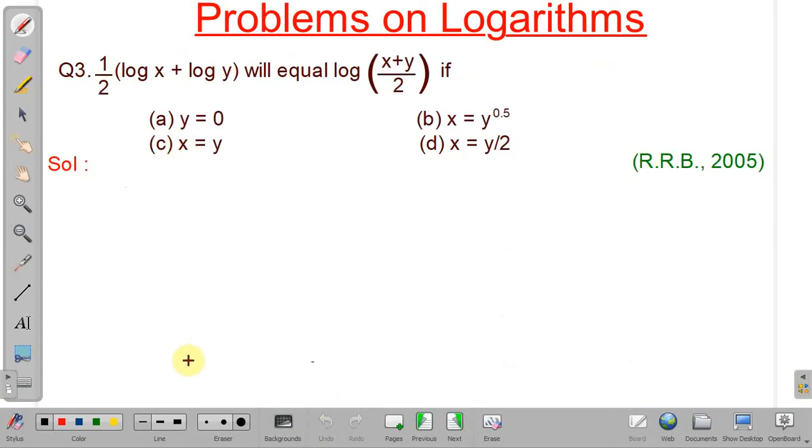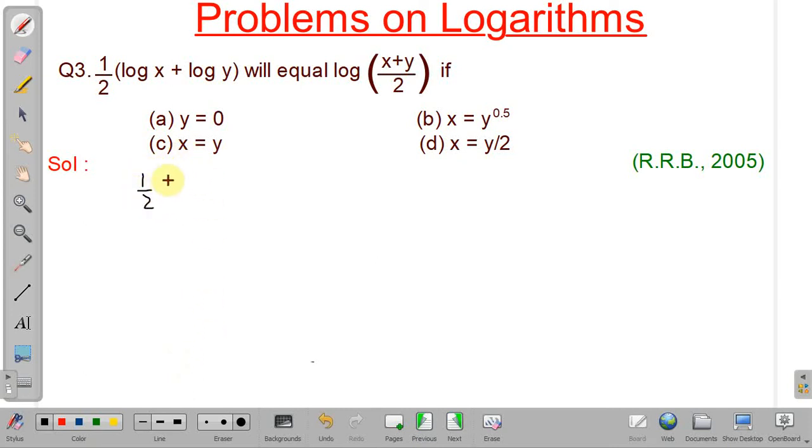See, in this problem, we have to find the relationship between x and y if half of log x plus log y is equal to log of x plus y by 2. So how we can solve this problem?